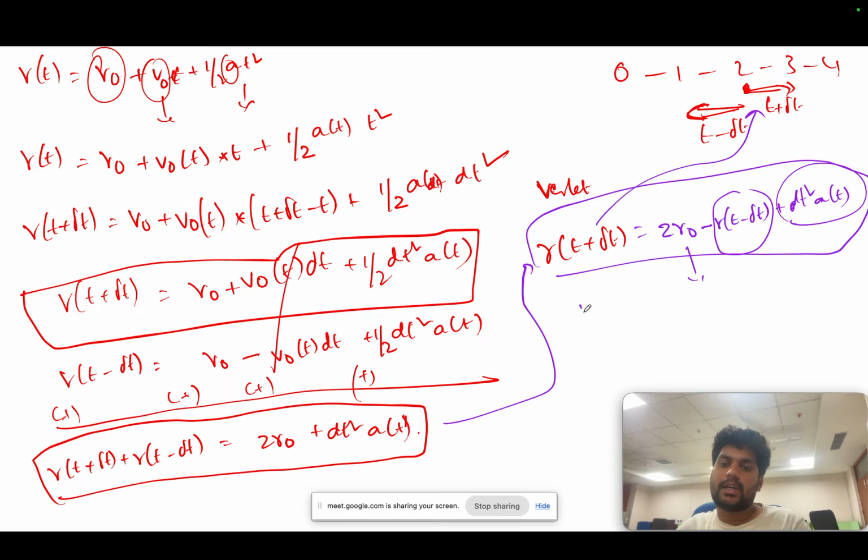So here he has r and the acceleration, but he missed out the velocities.